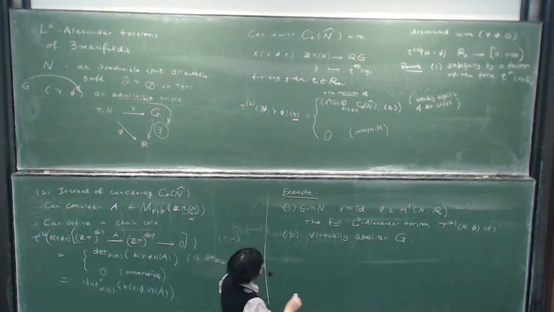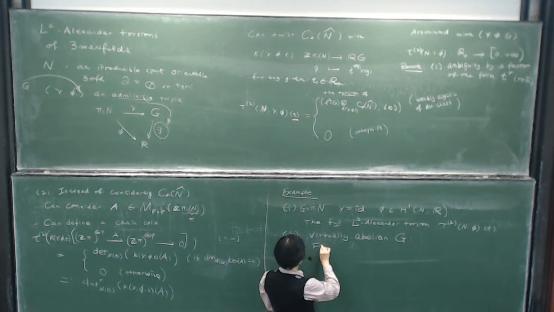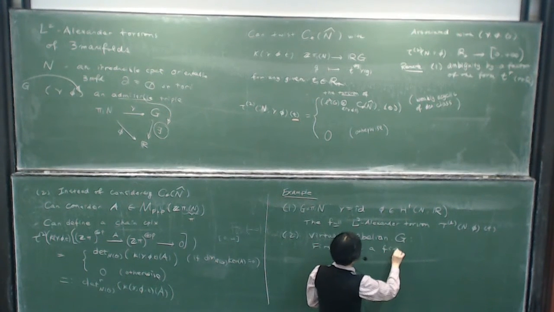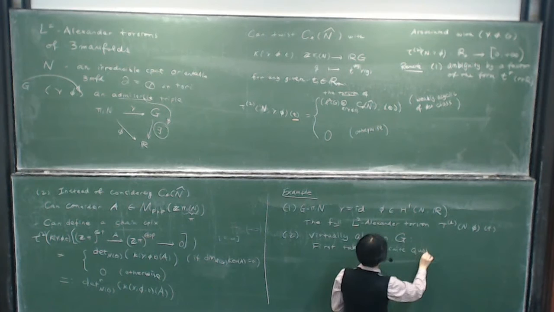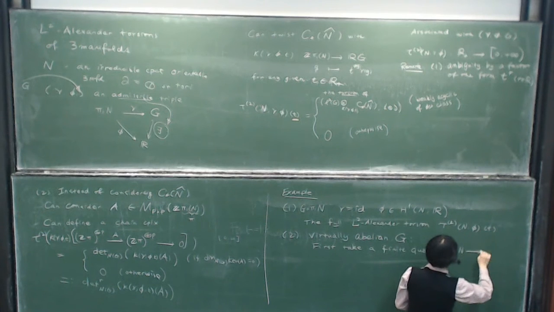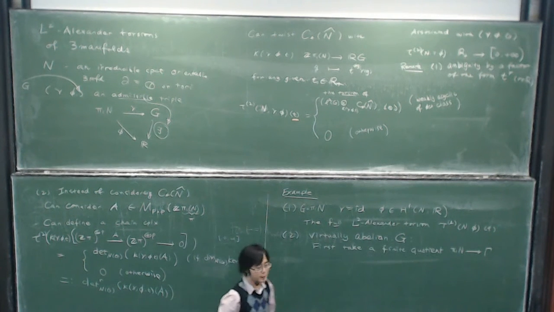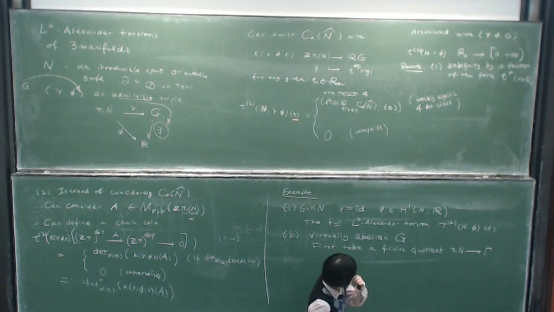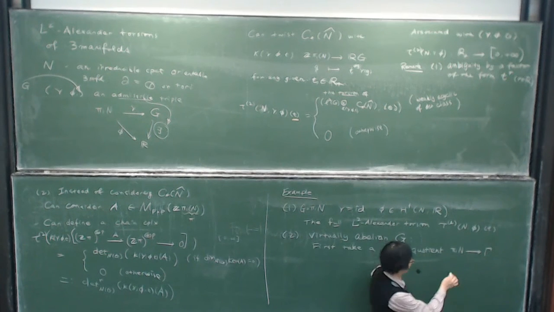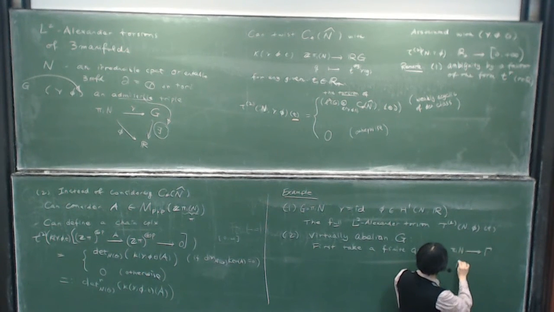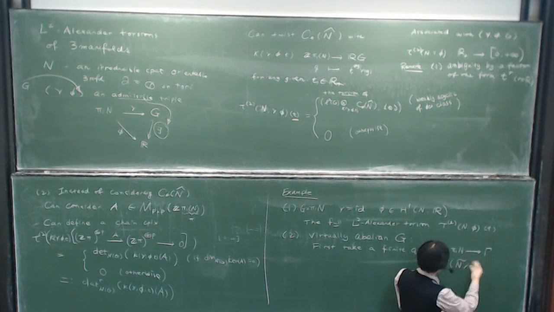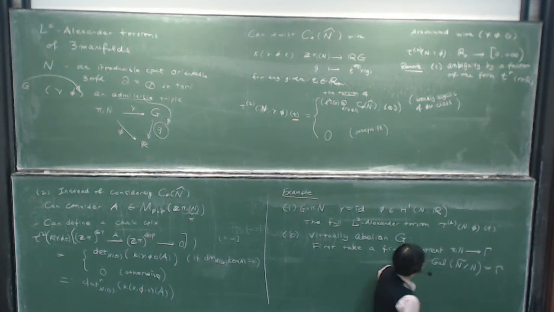What you do is first take a finite quotient, which looks like pi1 of N going to some group gamma, and this is a finite quotient, so its kernel would correspond to some finite cover of N. Let's say some normal cover of N, so that the covering transformation group is your gamma.